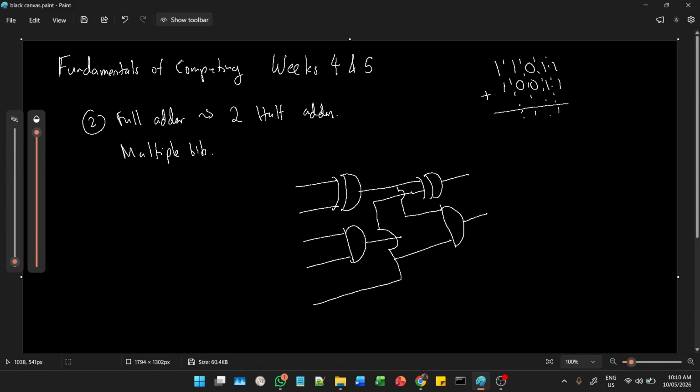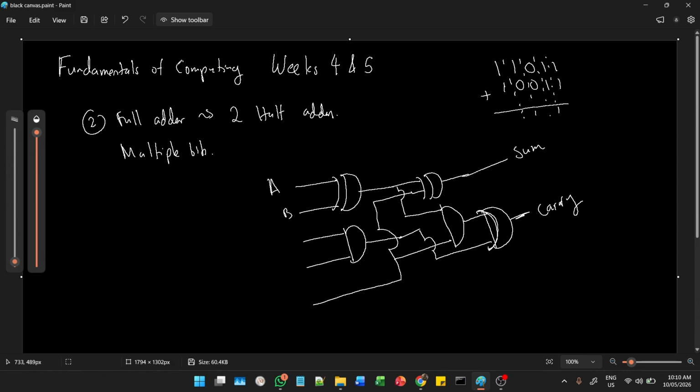Okay, and the previous AND gate connects with this AND gate to make an OR gate, right? So here's your new sum and here's your new carry, right?